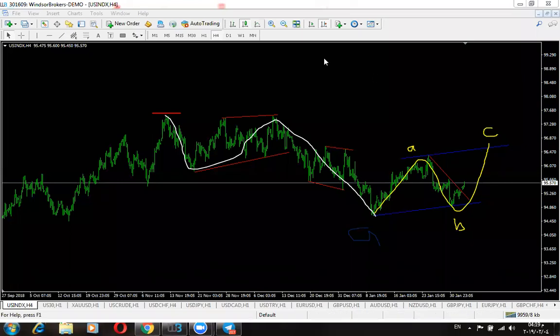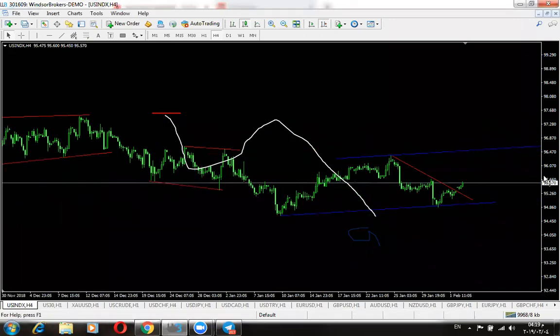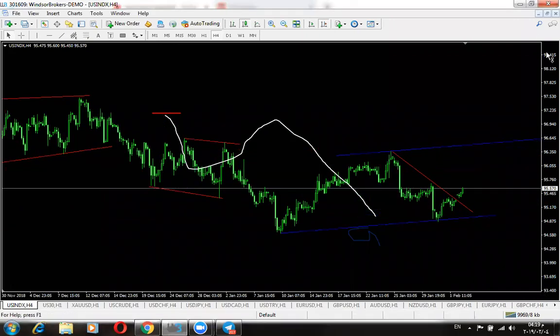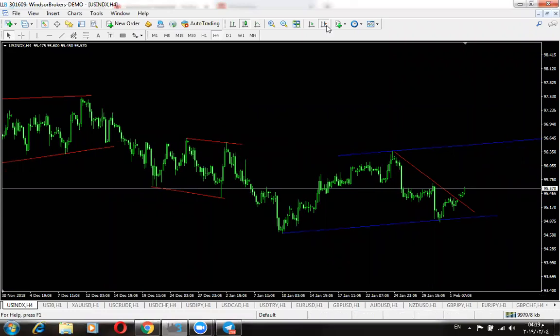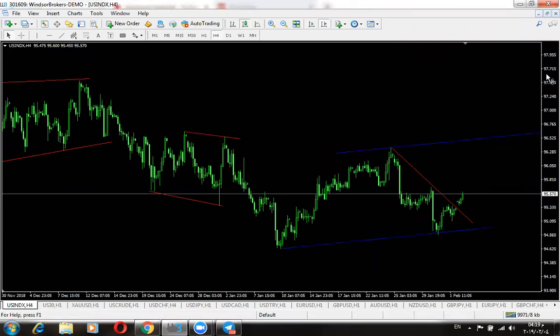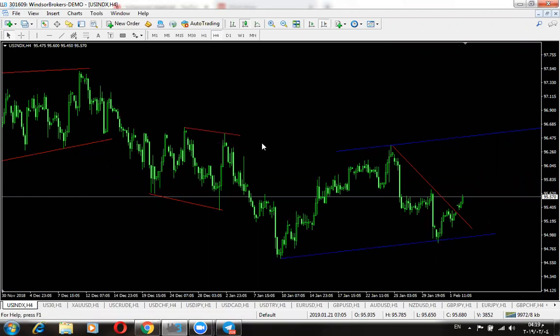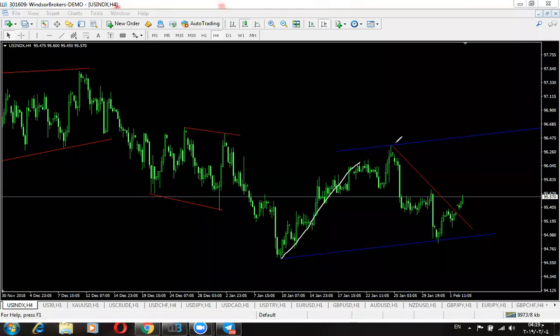Once we have seen this correction, I will show you in a larger picture so that you can learn how to track and make your trades based on the corrections. We have seen this is the first leg of correction to the upside. This is in the form of ABC.